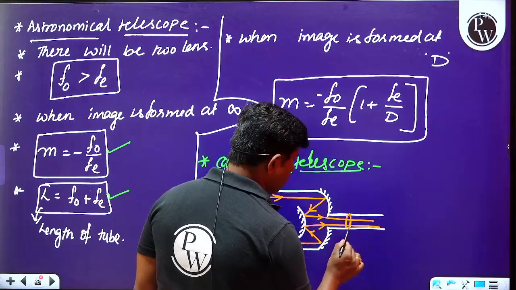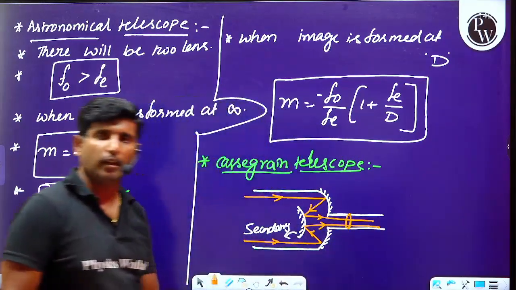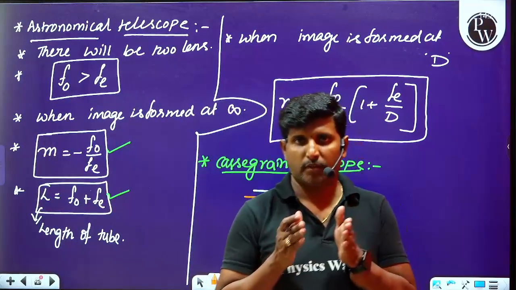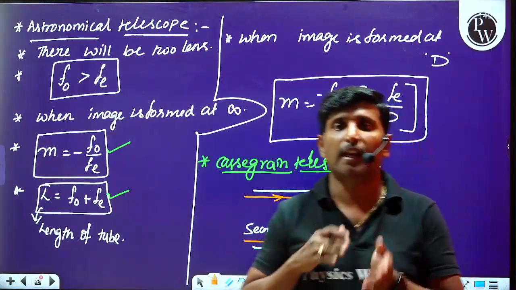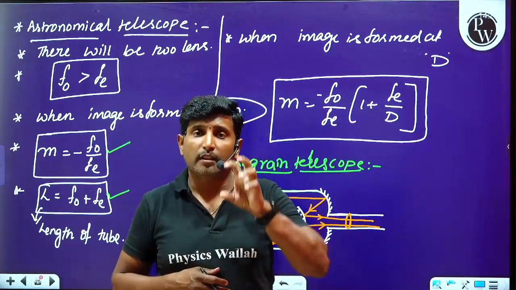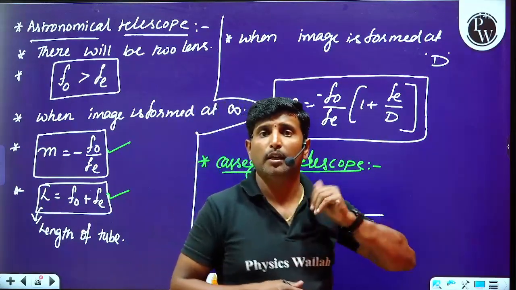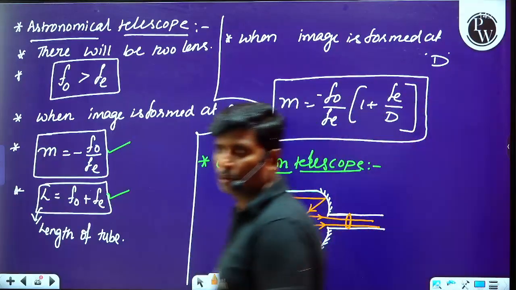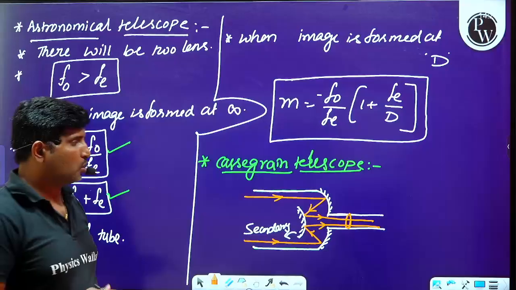There will be an objective lens. The Cassegrain telescope consists of mirrors instead of a lens, so that the brightness and intensity of the image will be high compared to the astronomical telescope. I hope you understood each and every point.